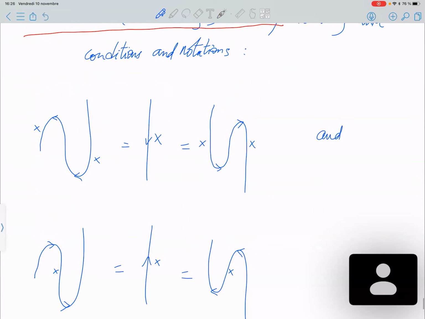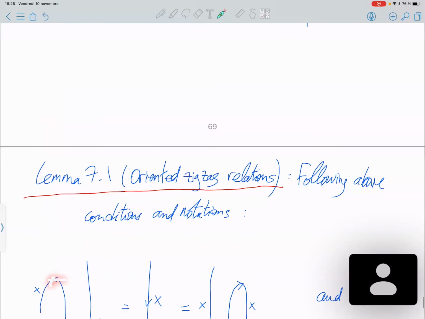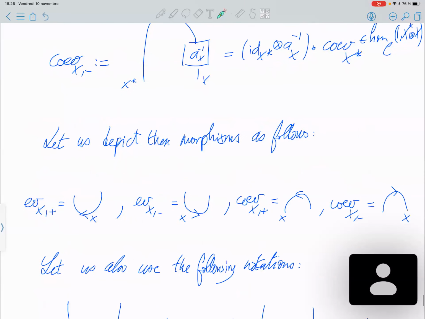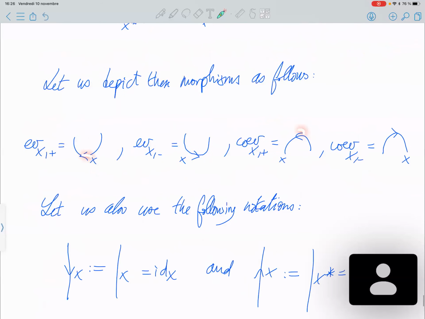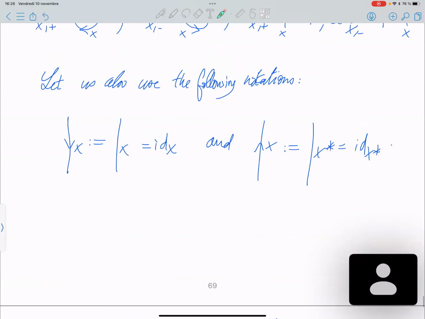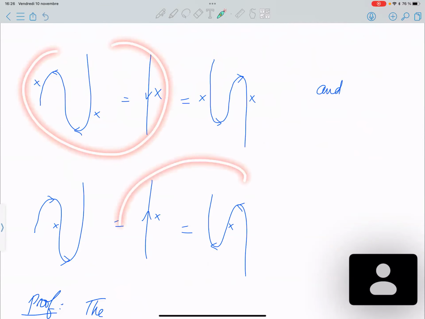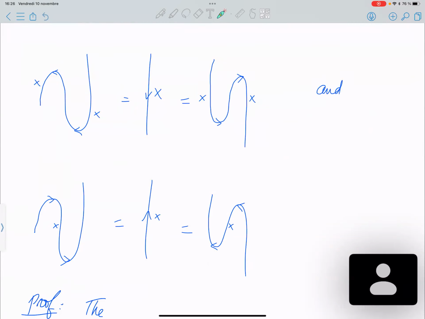And there is something even simpler: the first equality and the last equality are exactly, with this orientation being the plus orientation, and this being identity, the usual zigzag relations.